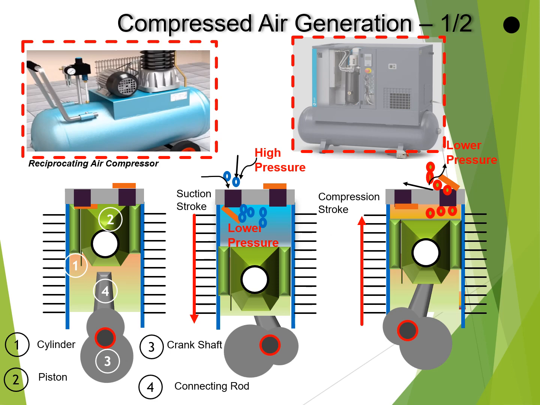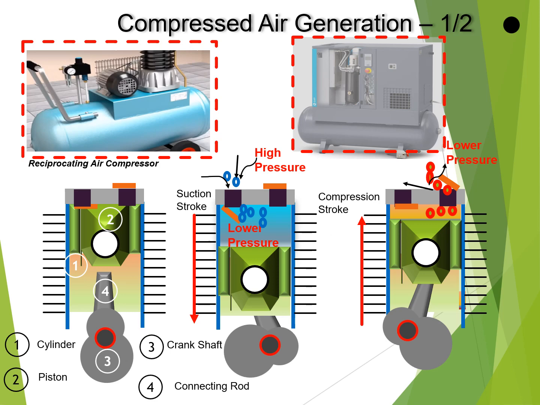The reciprocating compressors can be single stage or multiple stage depending upon the requirement. The compressor works on the same principle in all types of reciprocating air compressors. The air is compressed passing through multiple cylinders in a multi-stage compressor.